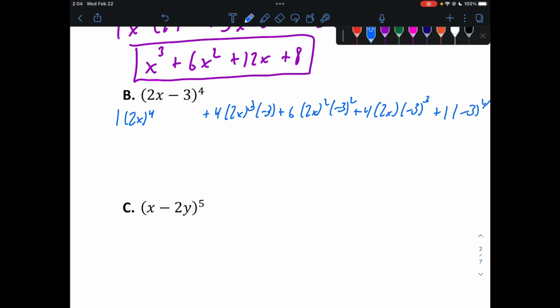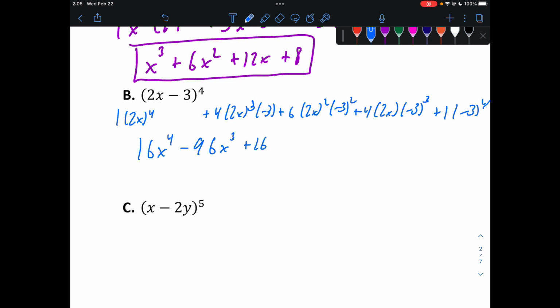So simplifying this, we would get 16x to the fourth. And let's see, 4 times 8 times 3 is 96, so minus 96x cubed. 6 times 4 times 9 would be 24 times 9. 25 times 9 is 225, minus 9 is 216.